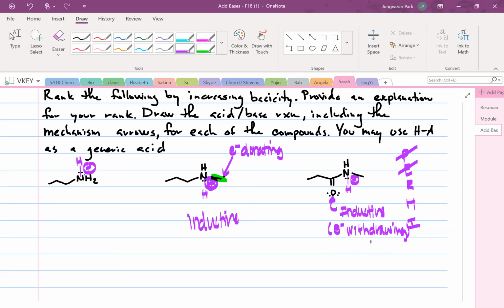I would say this is the weakest base because this is the strongest acid. So this is 3, this is 2, and this is 1.